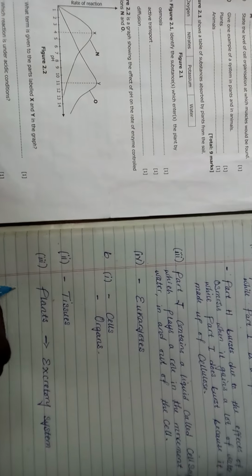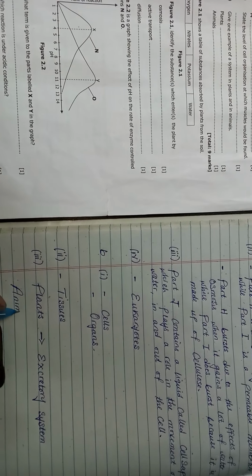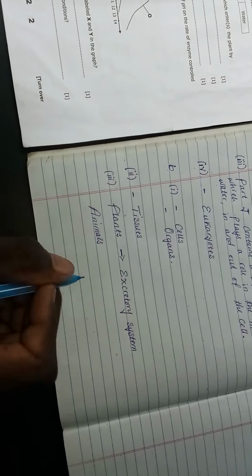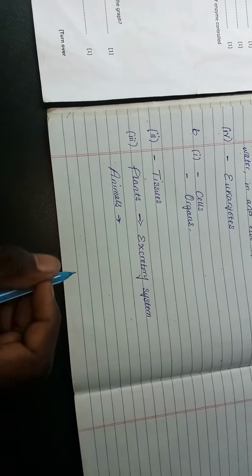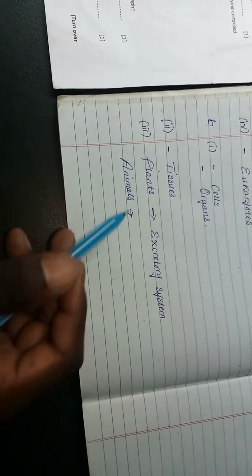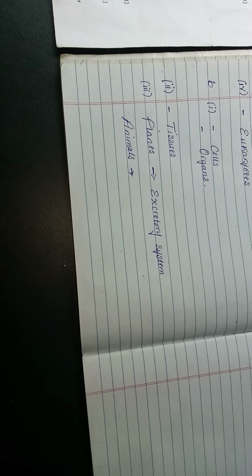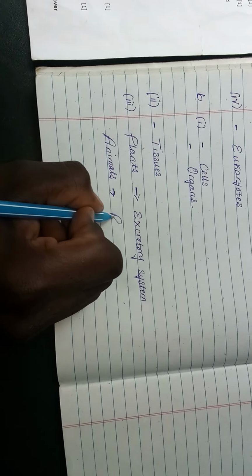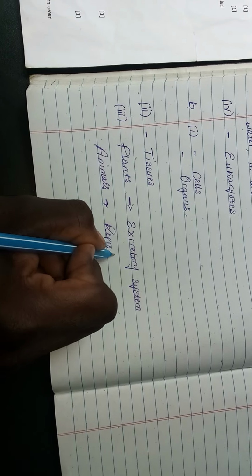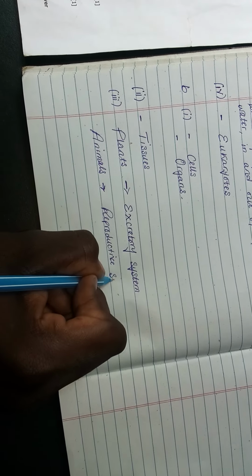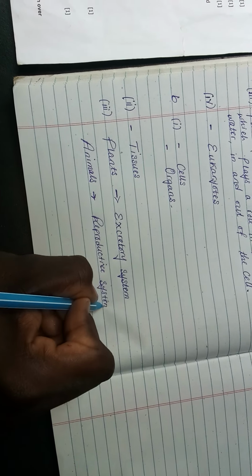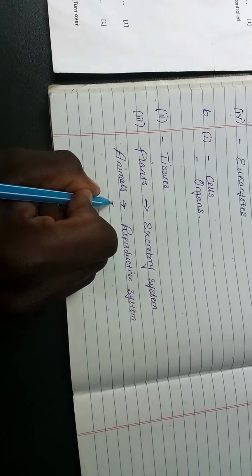And in animals, we've got a lot of systems that we can add here. We've got this same excretory system. Animals also excrete. And we've got reproductive system. We can also add circulatory system.